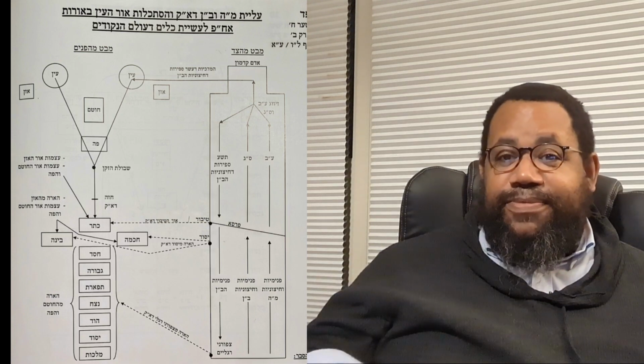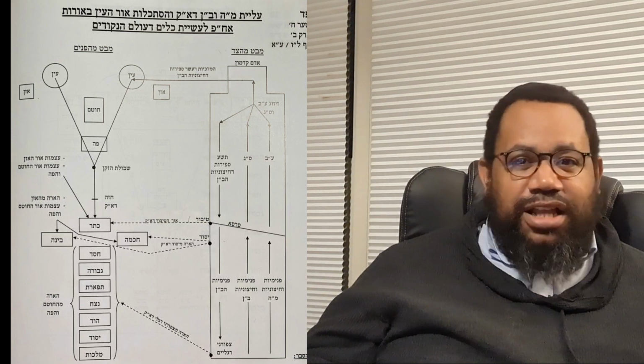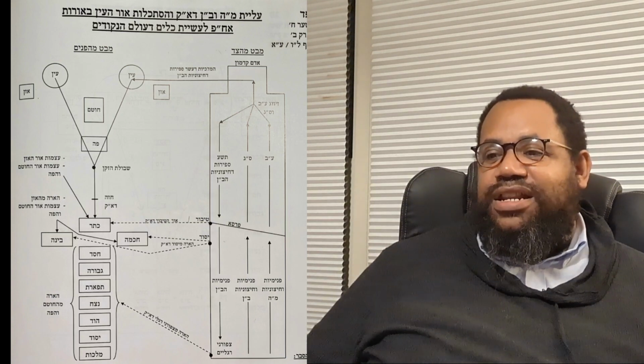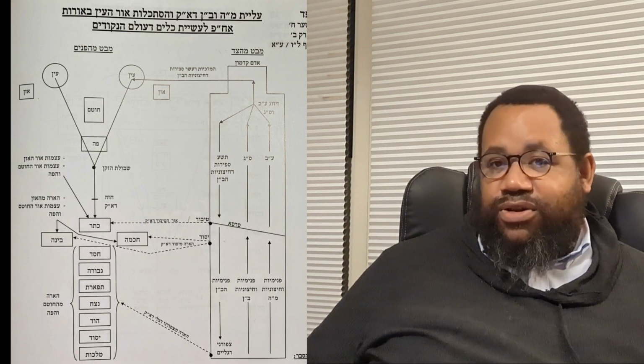And the reason for this is because the Ora Chotem and the Ora Peh are nichlal here. They're all included. And so therefore the access is only given from the Shibolas Hazakan and downwards.